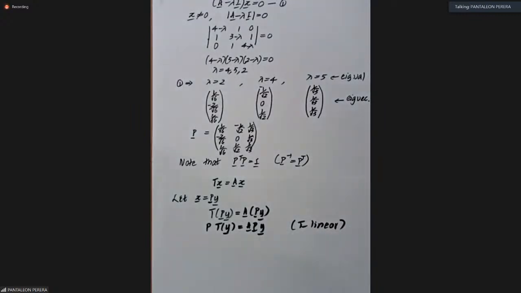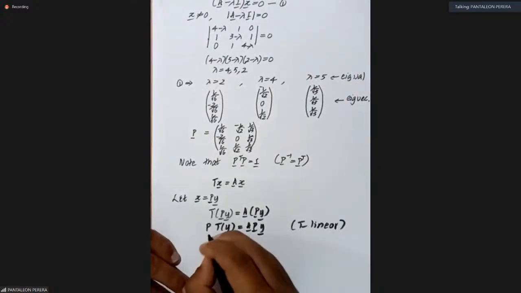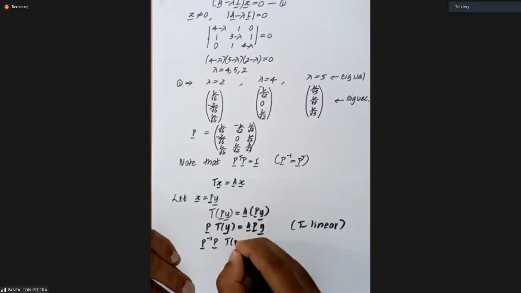Right? Now, I want to get rid of this P. So I multiply it by P inverse.